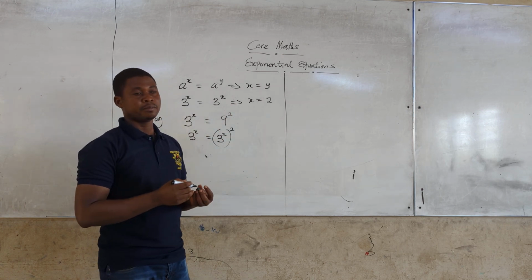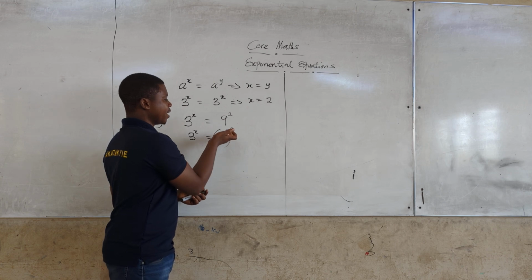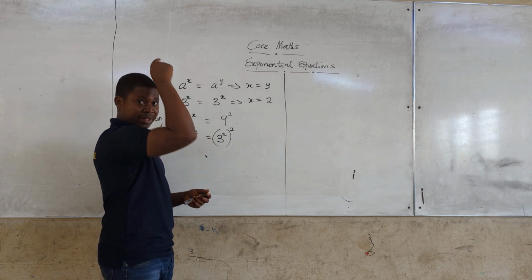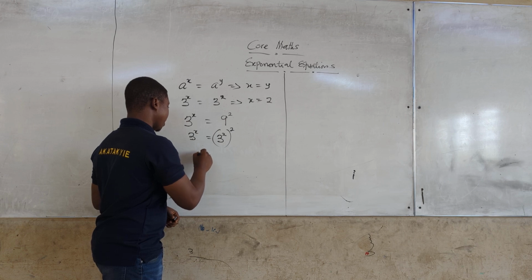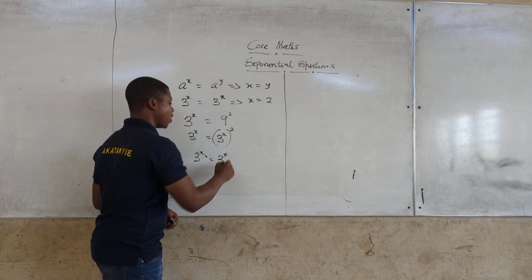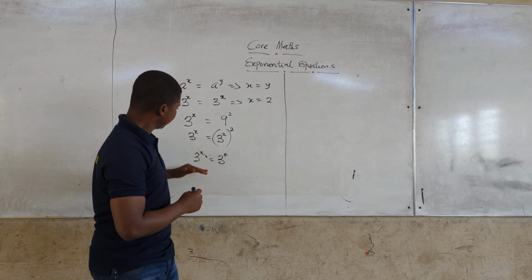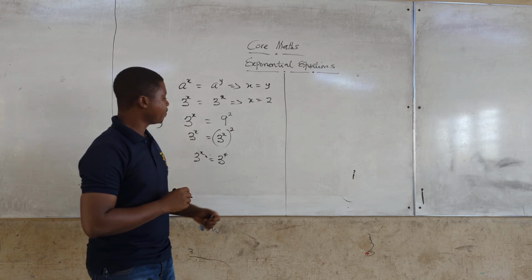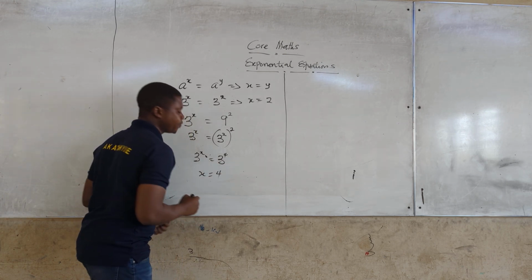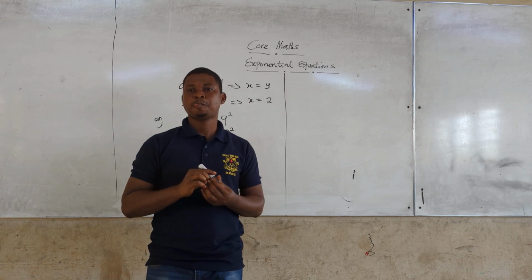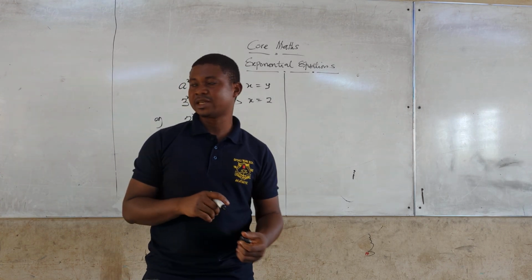But from our rules, when you have a power multiplying another power, you multiply them. So we have 3 to the power x equals 3 to the power 4. Now the bases are the same, so x is equal to 4, because the bases are the same, so the powers should also be the same.